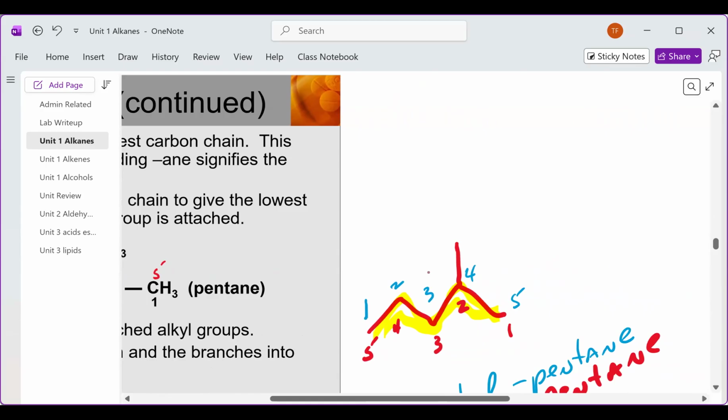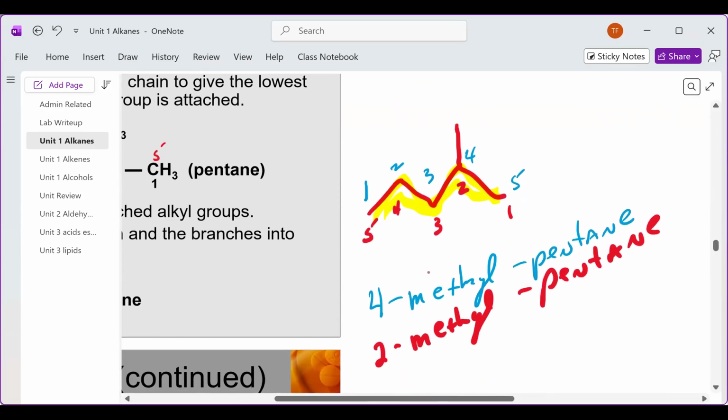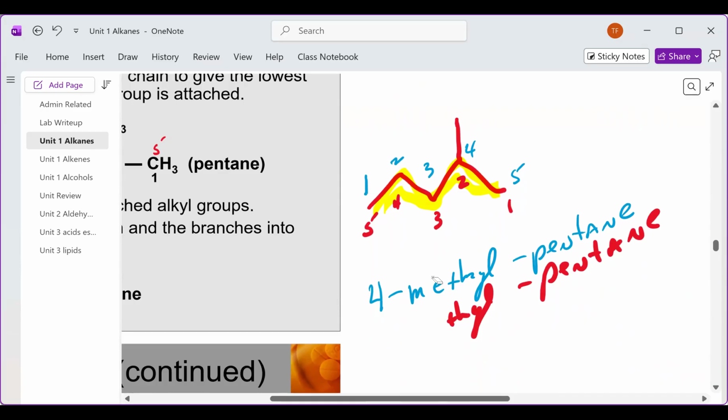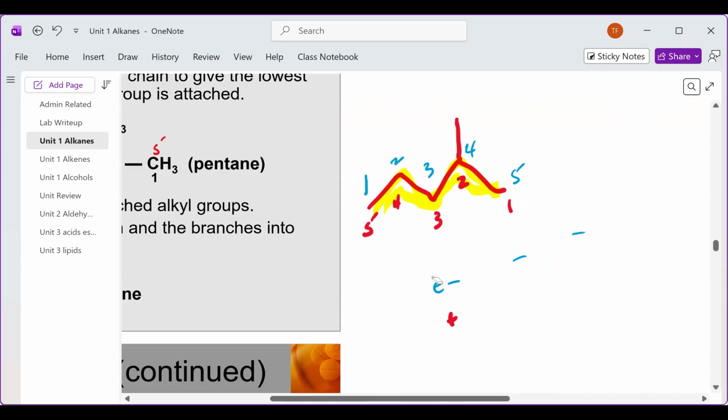So in line drawing wise, this is what it's going to look like. Okay, so we have a yellow backbone. This up here is a branch.